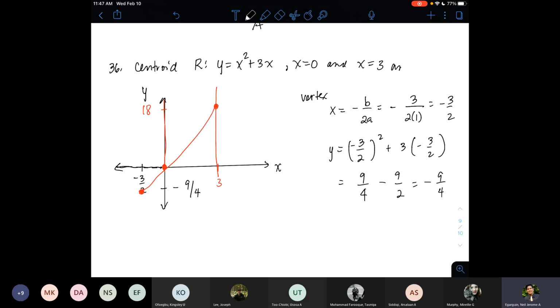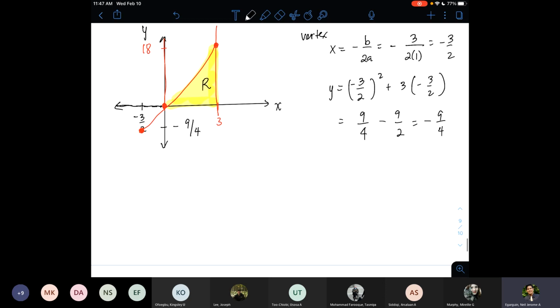I'll add the x-axis to have a bounded region. So that means this would be our bounded region R. Because if I don't add the condition that the x-axis is also a boundary, then we will have an unbounded region, and I don't want that to happen. All right. So now the centroid.